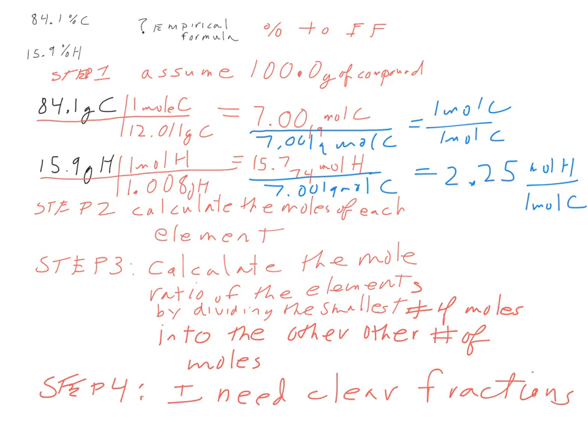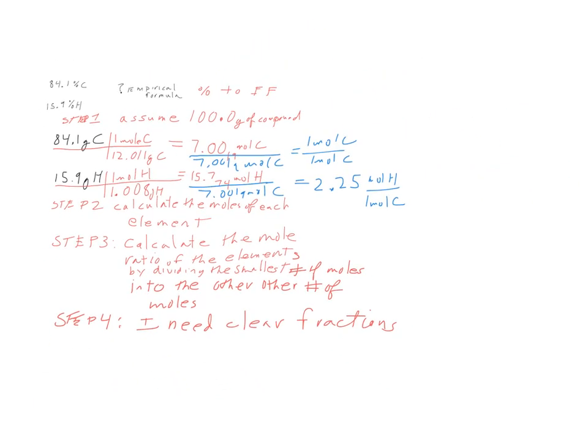That tells me the empirical formula for my compound is 1 carbon to 2.25 hydrogens. Can you have 2.25 atoms of hydrogen? No, you can't.